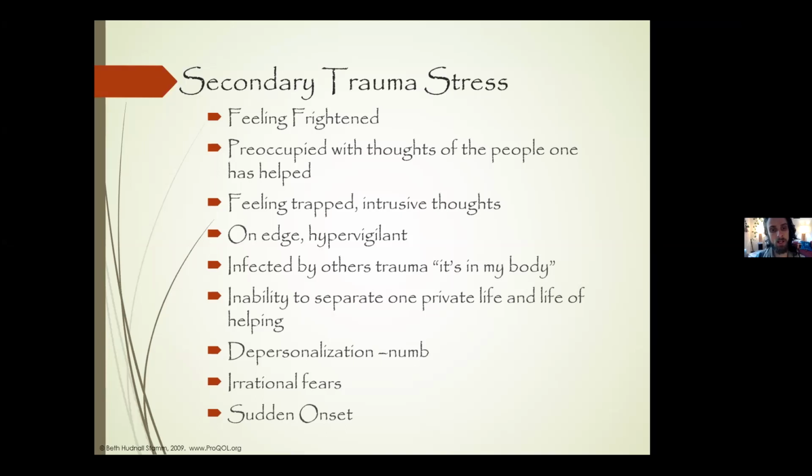And the next point is the inability to separate one's private life from helping. What happens with this secondary trauma stress is that you over-identify, you become so identified with this person that you're not really discerning your life from the other person, and that's where it becomes really difficult to cope.